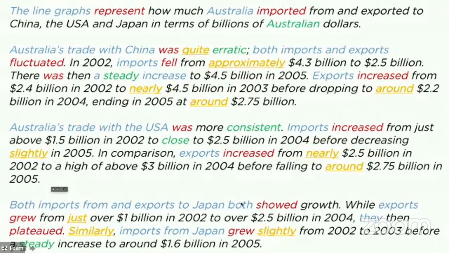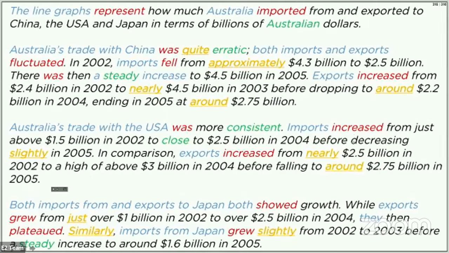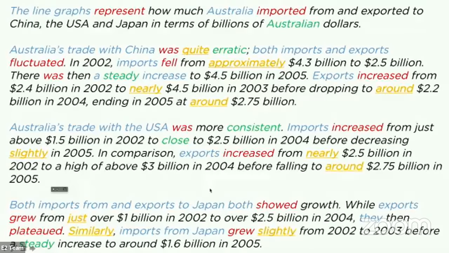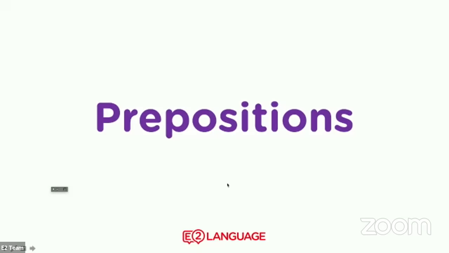Decreasing slightly. What else have we got here? Again, grew slightly. And finally, we have this one here, similarly, but that's kind of a different one that I'll show you in a second.